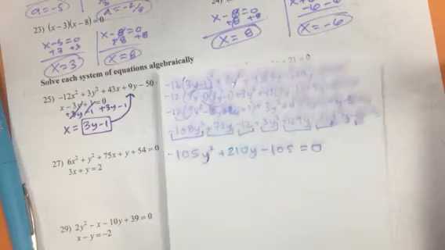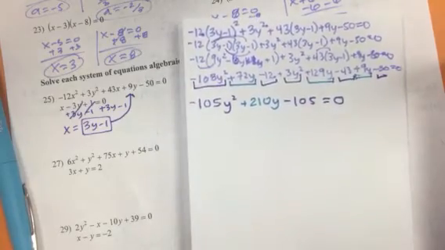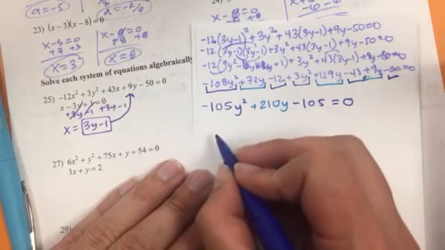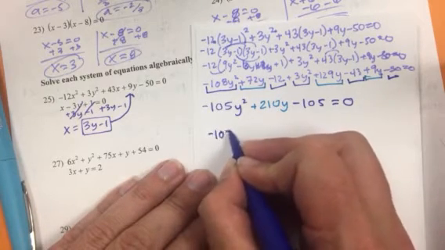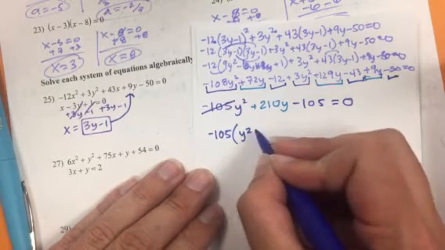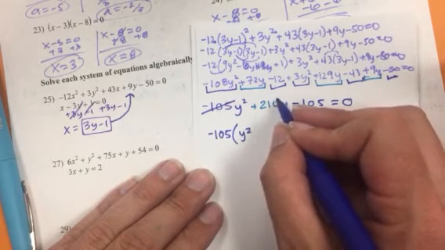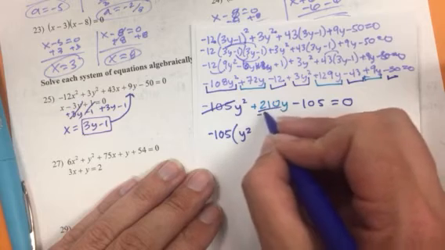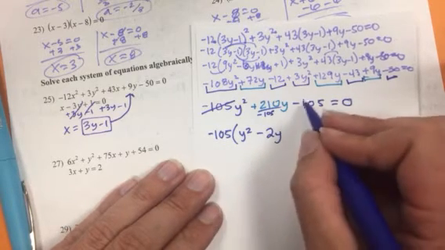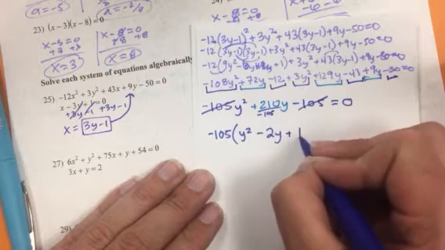Now you will notice all of them have a number in common. They all have a 105, so I'm going to take that out. That means all that's left is the y squared. If I divide that, it becomes a negative 2y and a positive 1.